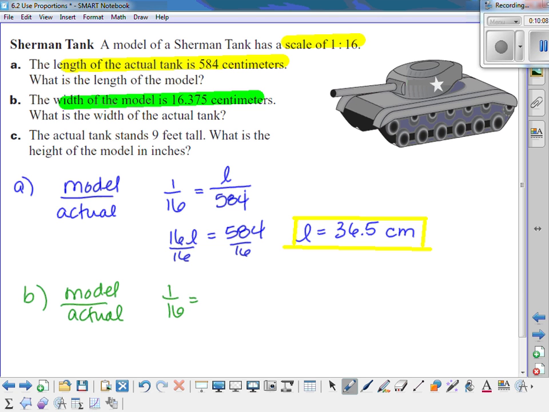And like I said, they gave us the model this time, so 16.375 goes on top. And the width of the actual one, we'll call W, that would be on the bottom. So if we cross multiply, we get that W is equal to 16 times 16.375, which comes out to 262. So the width would be 262 centimeters.